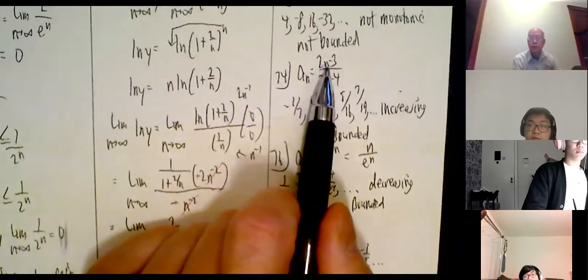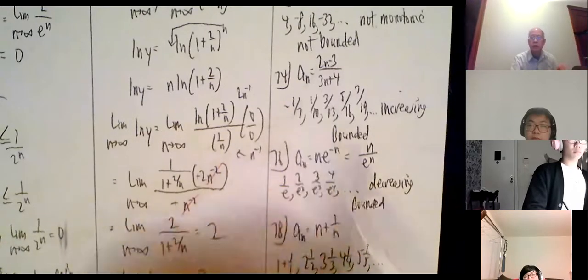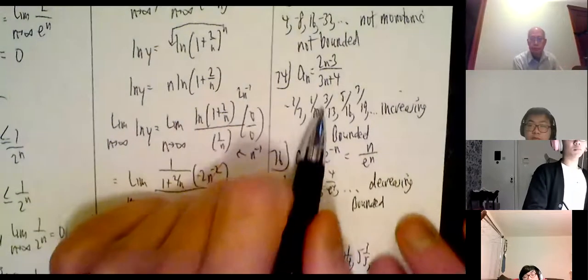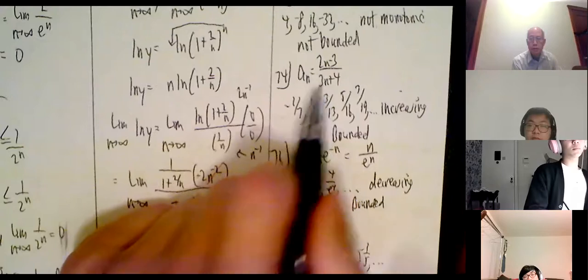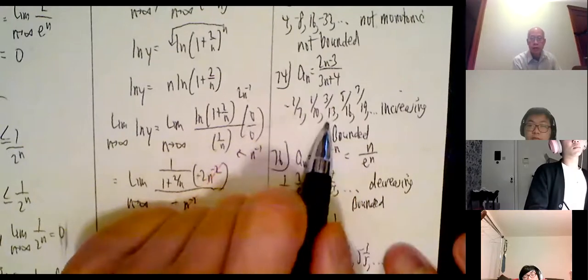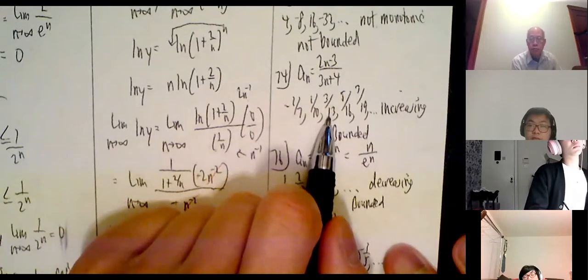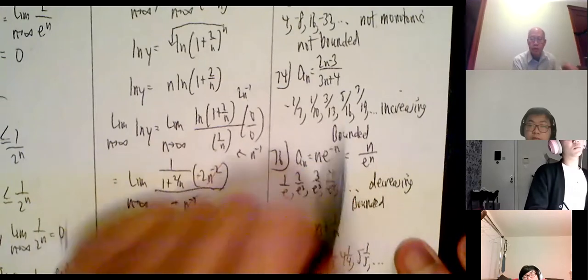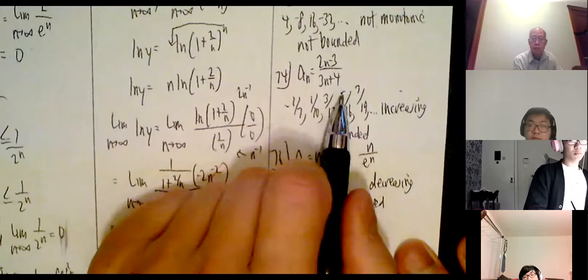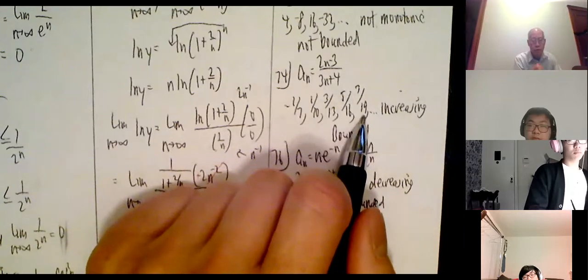Plug in 3: 2 times 3 is 6, 6 minus 3 is 3, and 3 times 3 is 9, 9 plus 4 is 13. Plug in 4, 5 over 16. Plug in 5, 7 over 19, and so on.